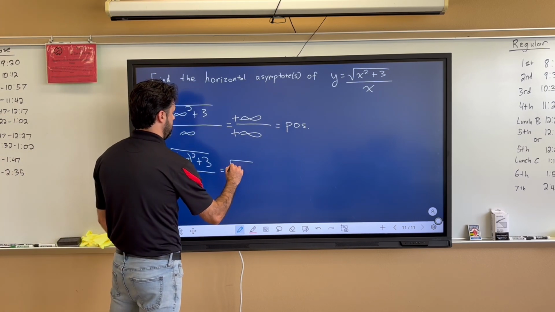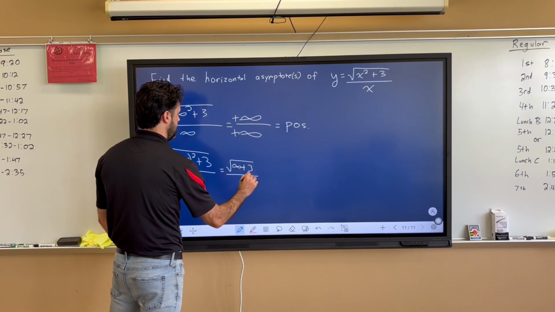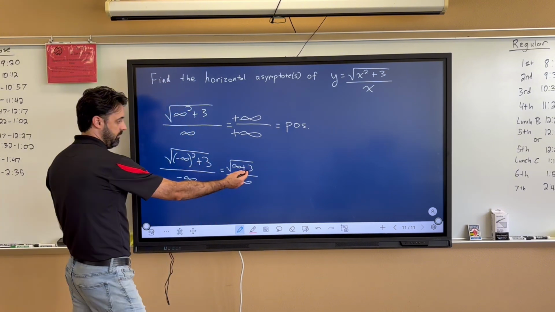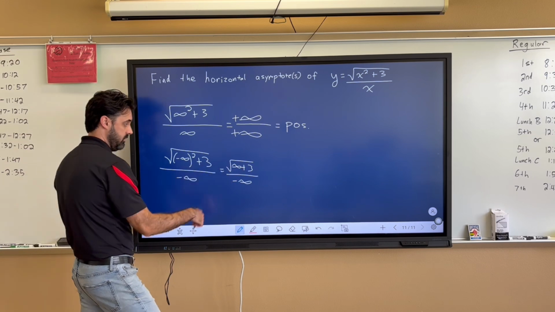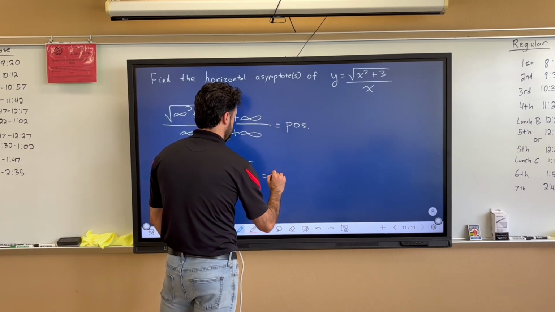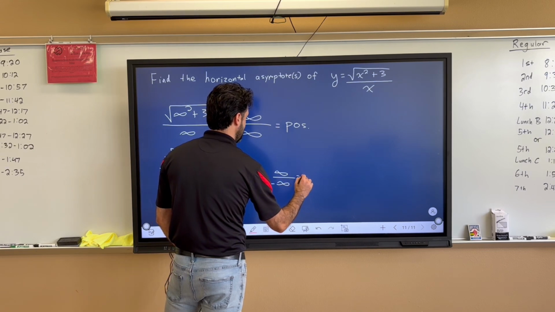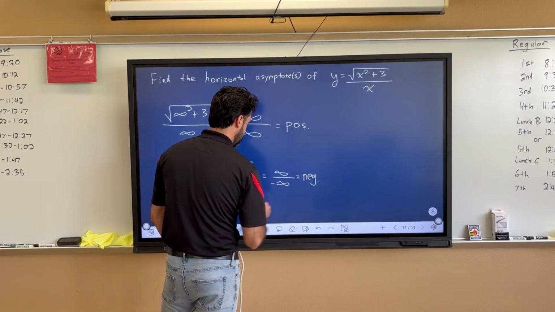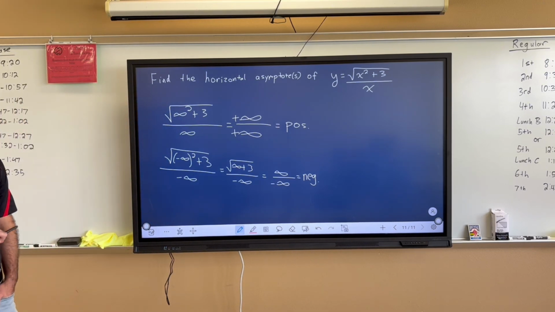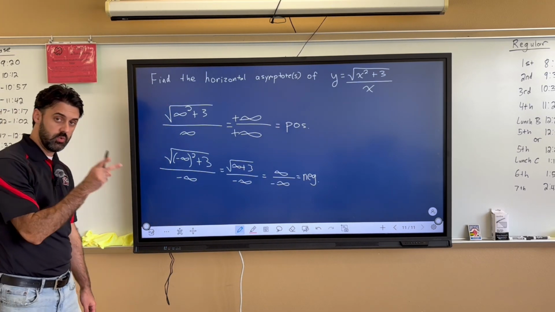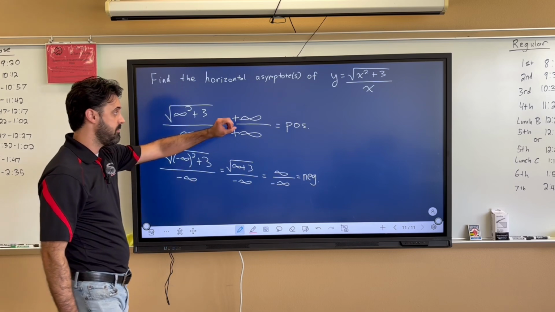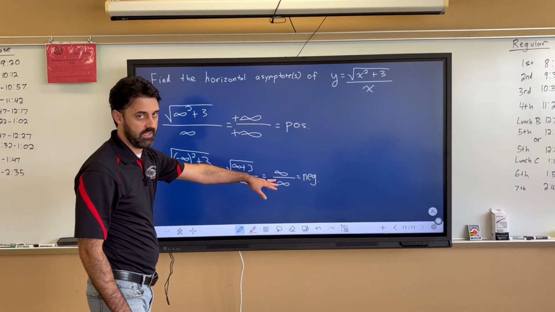So I get the square root of infinity plus 3 over negative infinity. Add 3 to infinity, it's still infinity. Square root it is still infinity. But now we end up with a positive infinity over a negative infinity, which is going to give us a negative number. So that tells us there's actually 2 different horizontal asymptotes. One's going to be positive, one's going to be negative.